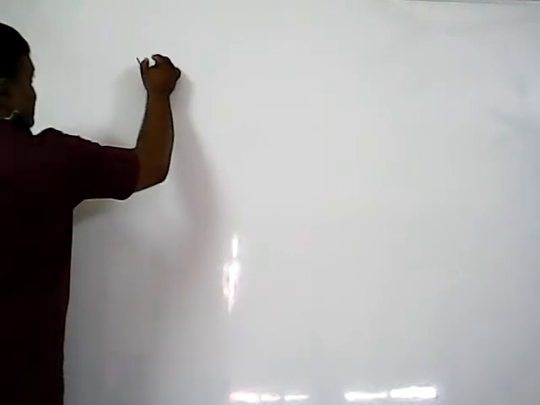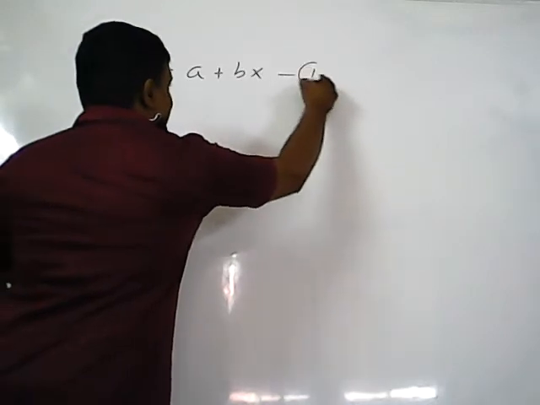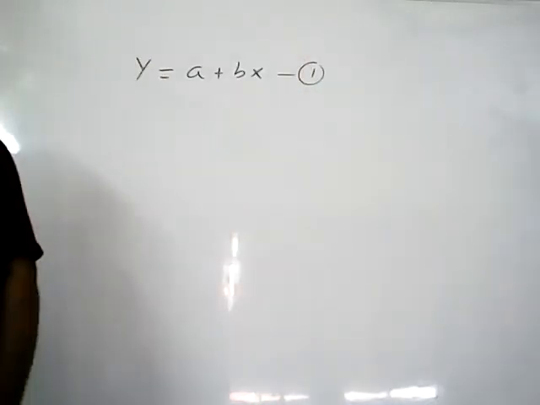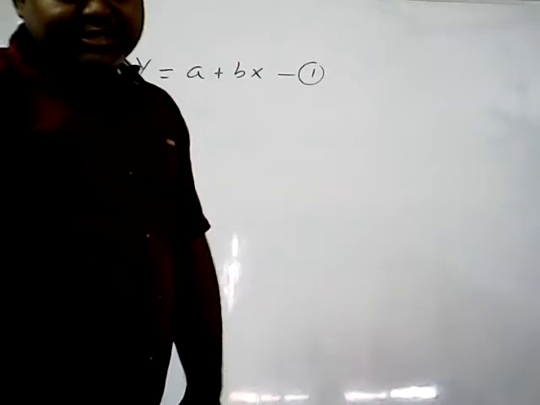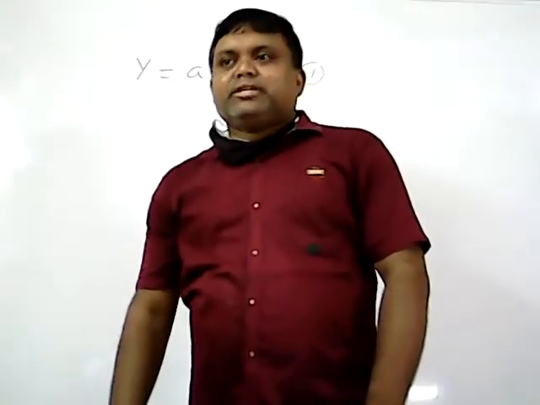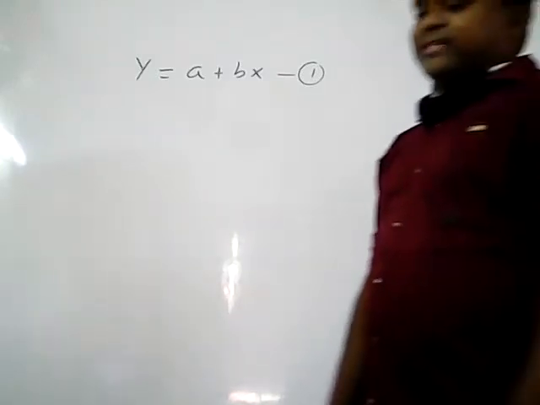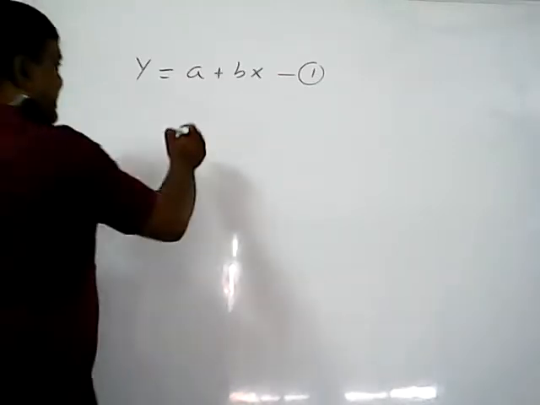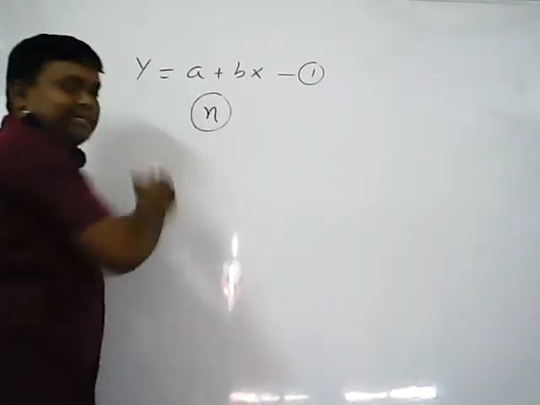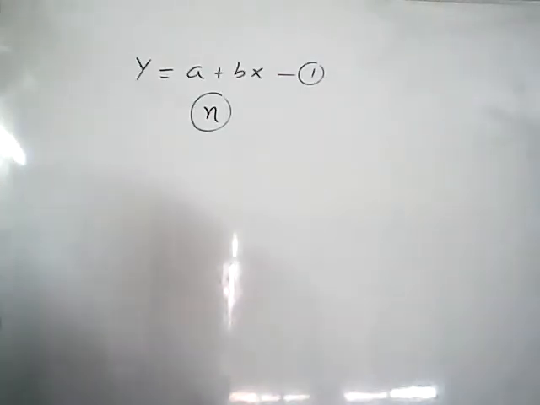Let y equal to a plus bx be a straight line fitted to a set of n pairs of observations.